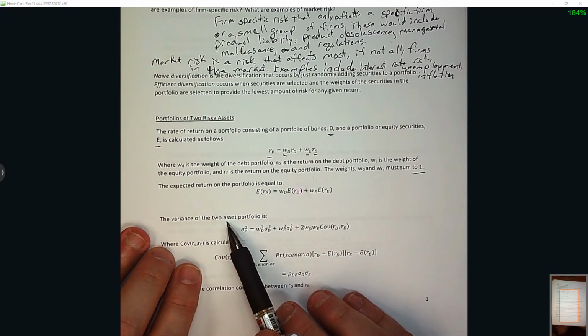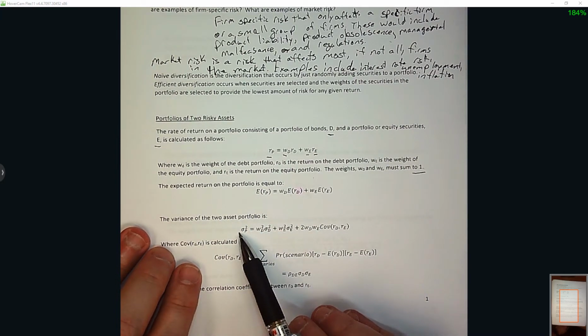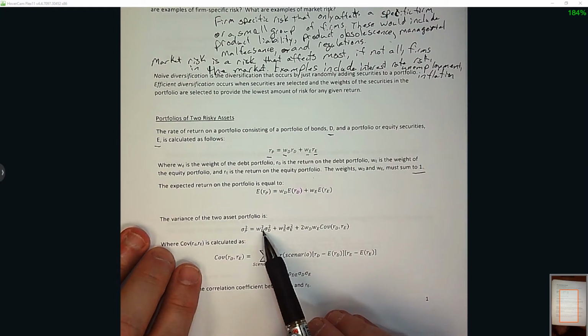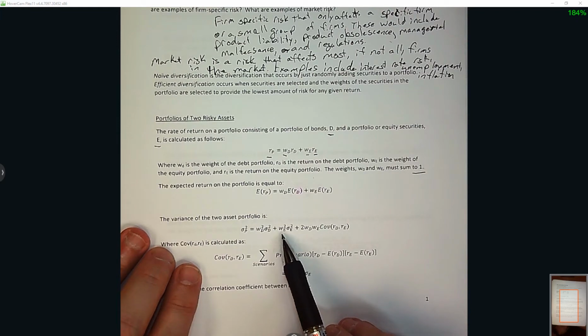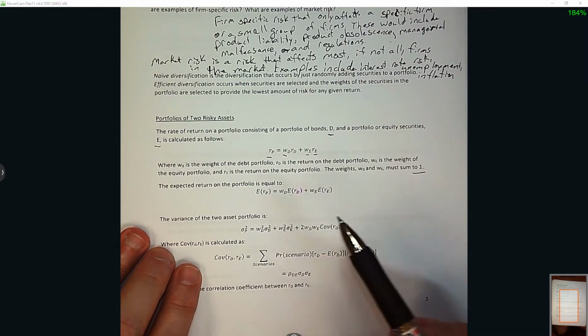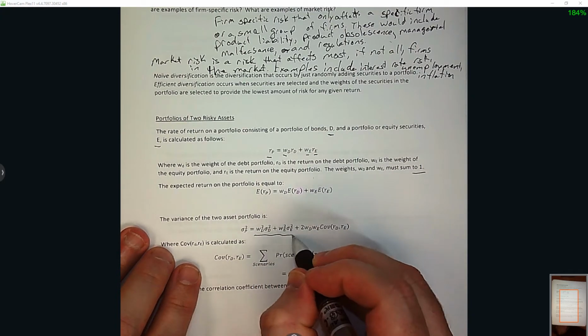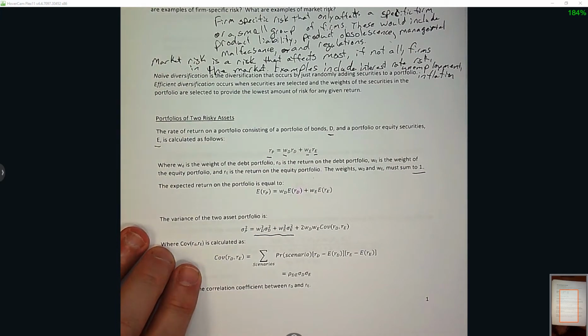The variance of the two asset portfolio is, so the variance is the standard deviation squared. It's equal to the weight squared of D multiplied by the standard deviation squared, which is the variance of D, plus the weight of E squared multiplied by the variance of E plus, and so these two together would give us the weighted average.